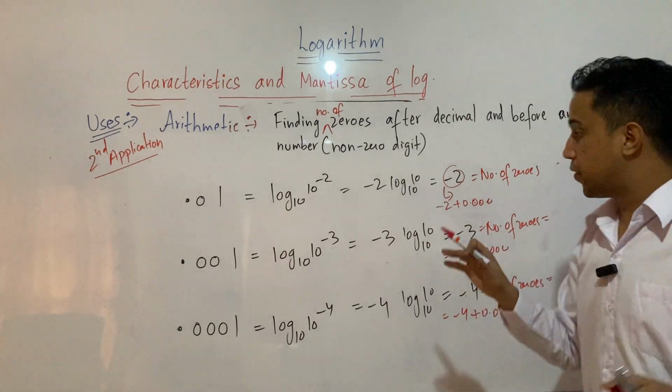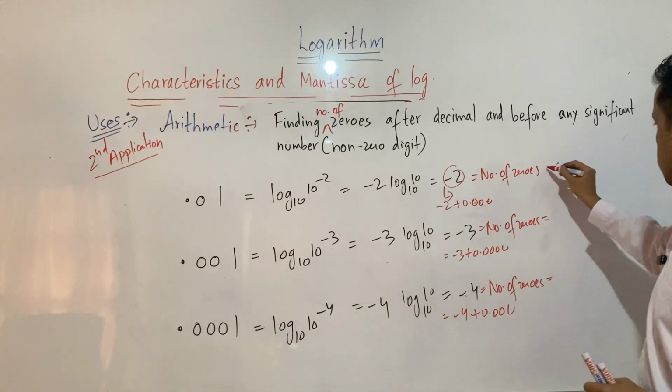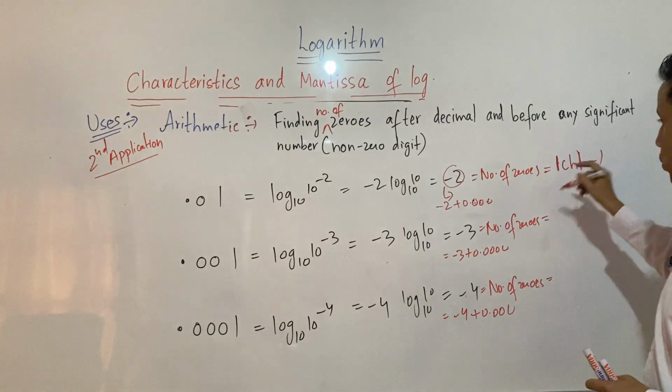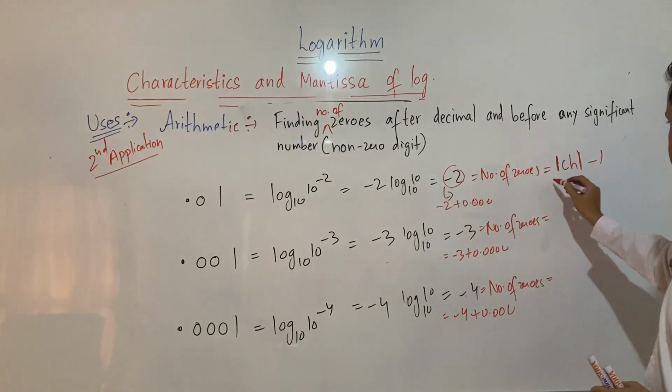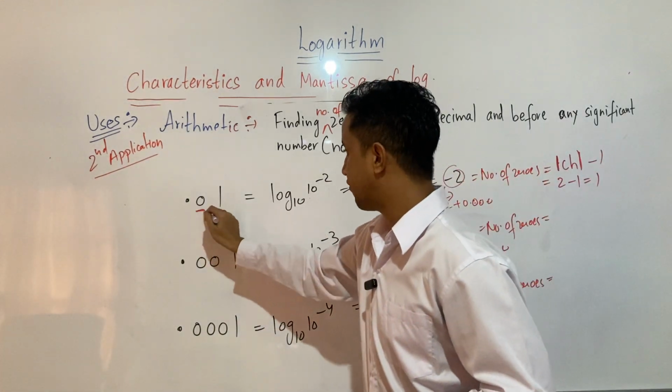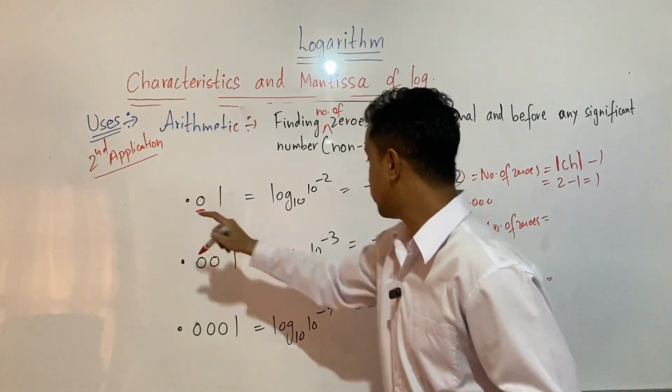So the number of zeros is going to be the magnitude of the characteristic minus 1. See here, the magnitude is 2, minus 1. So how many zeros after the decimal and before the significant figure? 1.